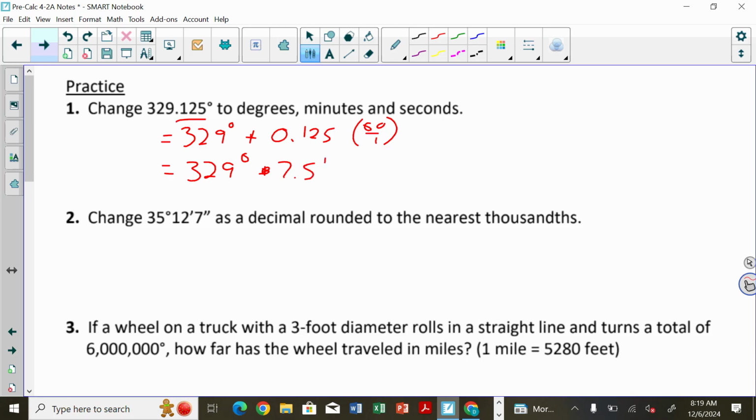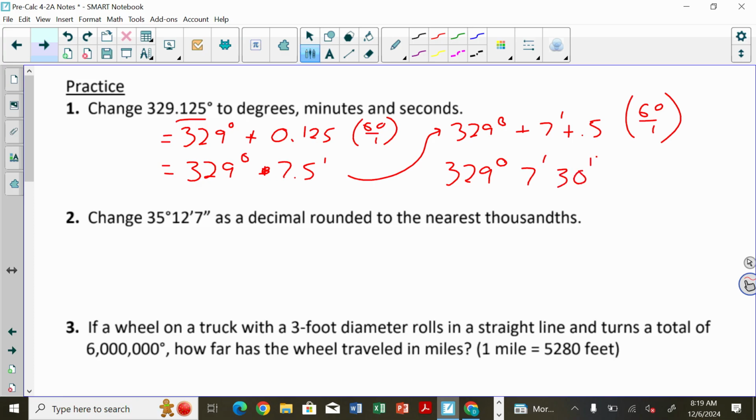If I expand that out, it's 329 degrees plus 7 minutes plus 0.5 minutes. So I'm going to take that 0.5 and multiply it by 60 over 1 again, and that's going to change it to 329 degrees, 7 minutes, and 30 seconds, because 0.5 times 60 will be 30. And that is our degrees, minutes, seconds.